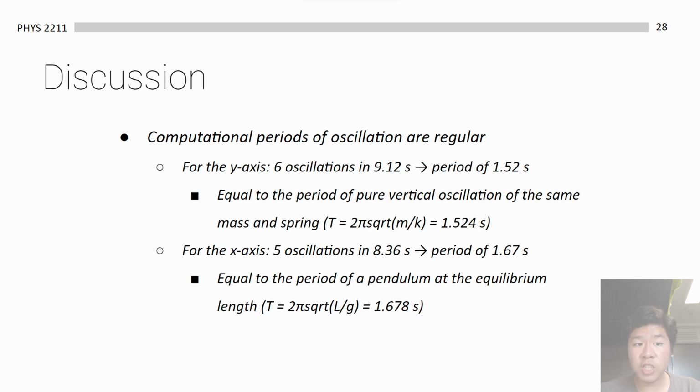Additionally, we can find that the computational periods of the oscillation are quite regular. For the y-axis, I found that the period is approximately equal to the period of the pure vertical oscillation of the same mass and spring. And for the x-axis, I found that the period is close to the period of a pendulum at the equilibrium length.